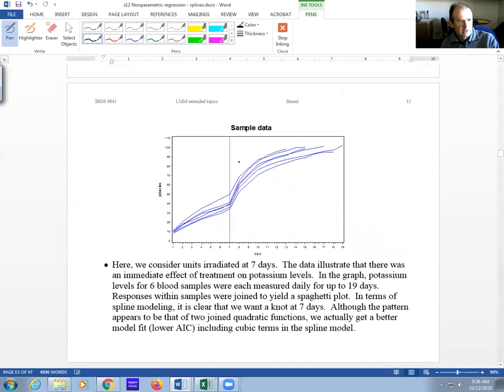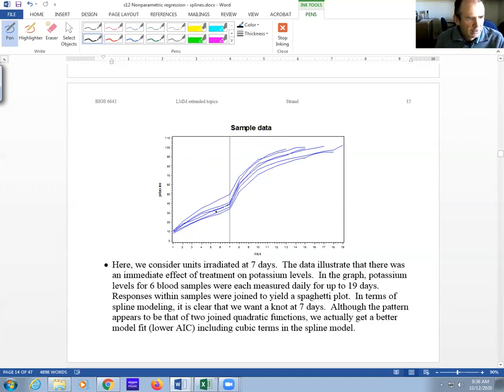So here's what the data look like. Potassium levels naturally increase. They all start apparently around 10, and I don't know what the specific units are, but that's a relative amount of potassium that we have.